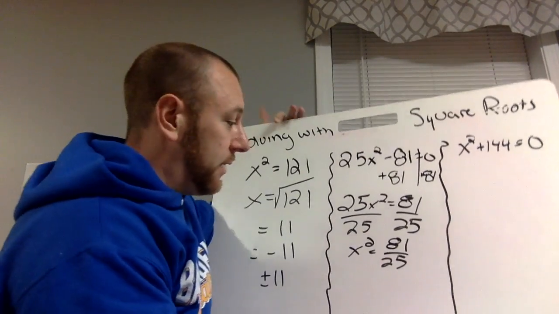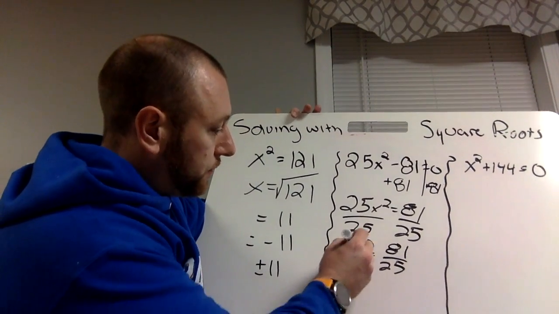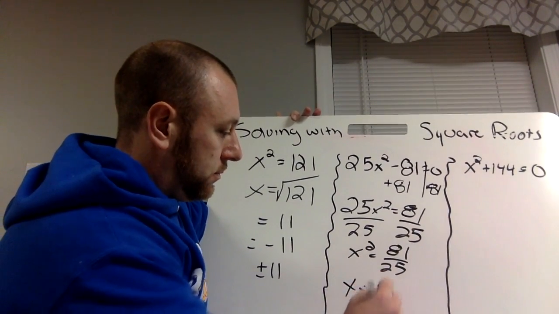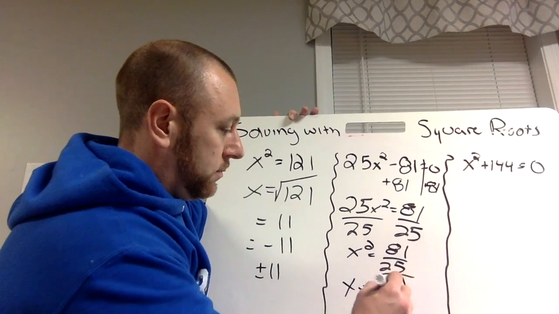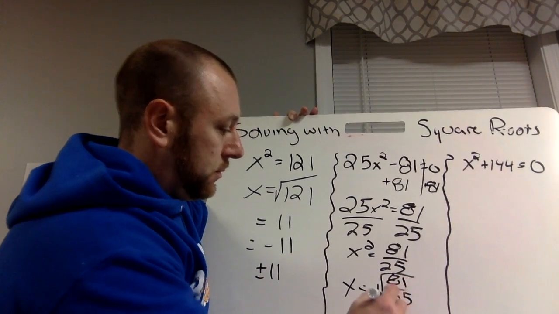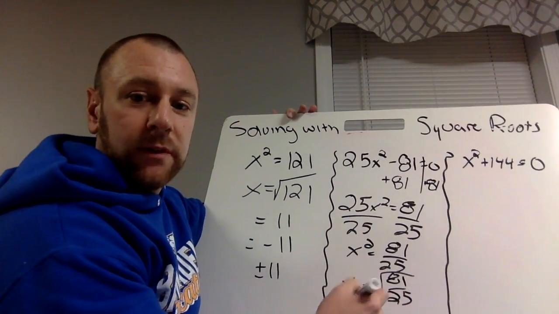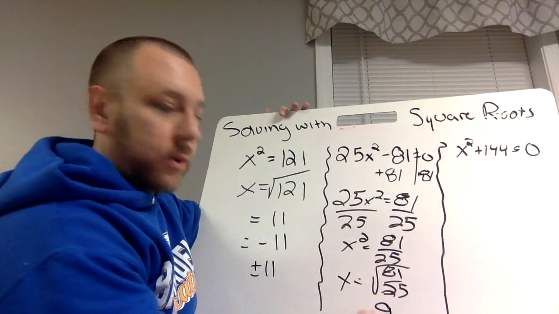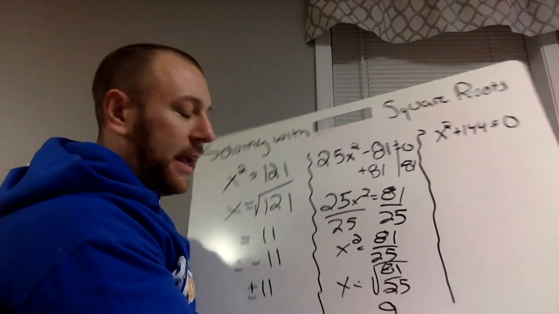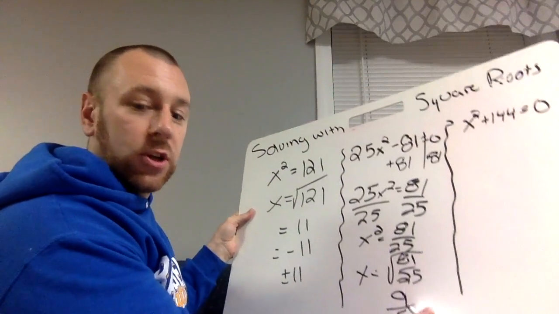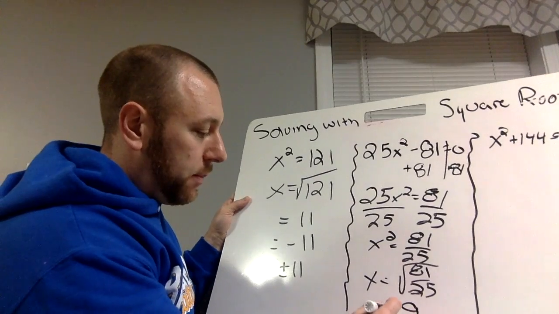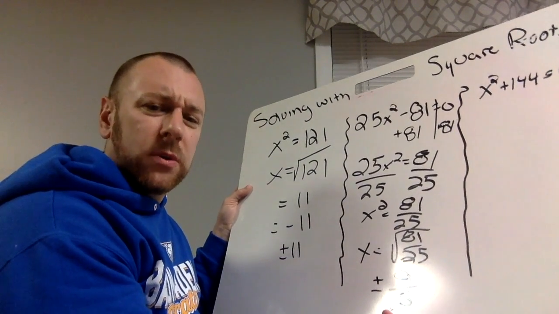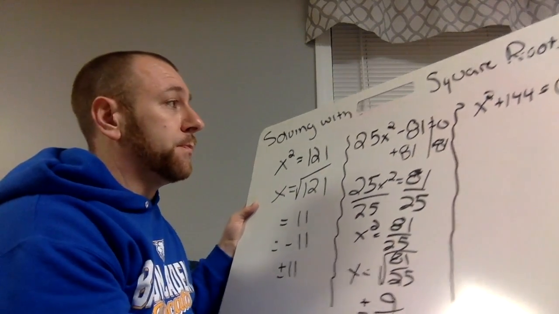The reason why is that I'm actually going to take the square root. The square root of 81 is 9. Square root of 25 is 5. So my answer is actually the fraction 9 over 5, positive or negative. And I'm done with that problem. That's why I always leave things in fractions, and you should too.